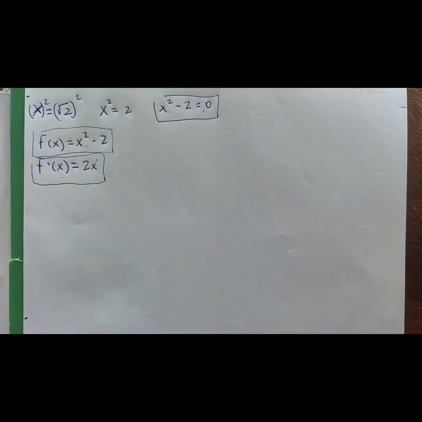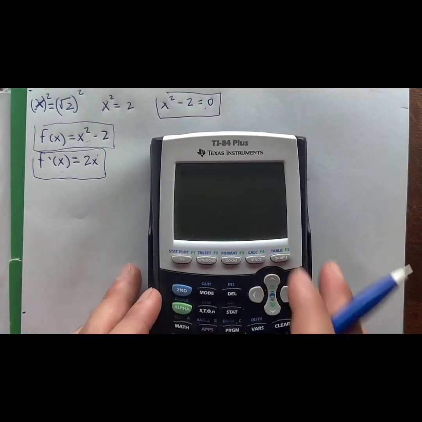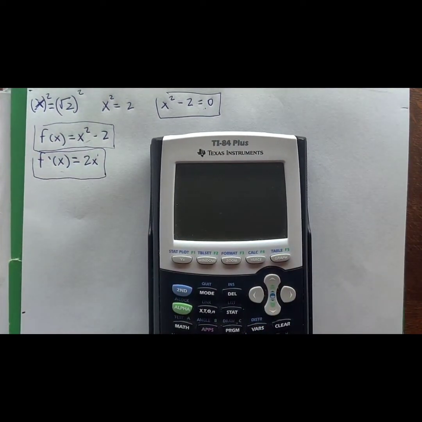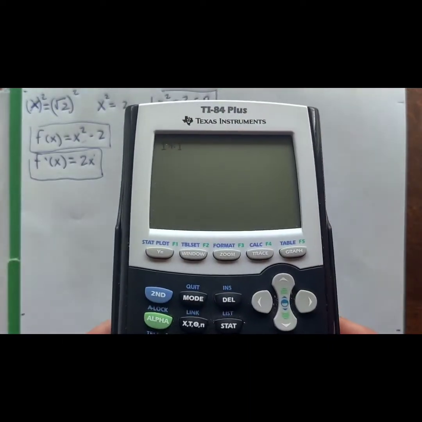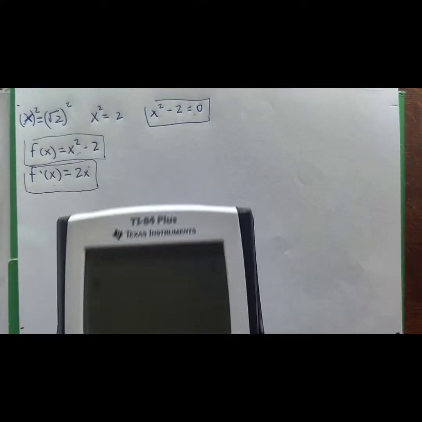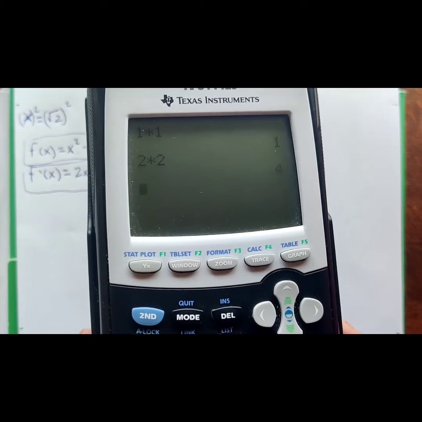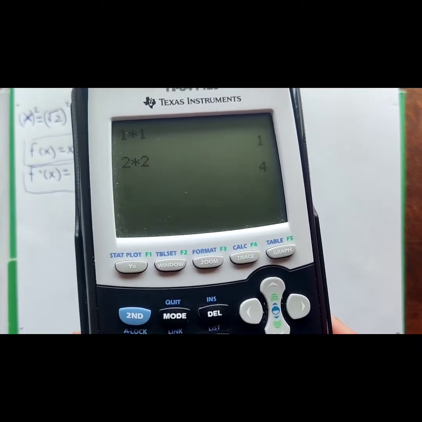Okay, so what would I do as far as guessing what the square root of 2 is? Well, I would probably do something like this. 1 times 1 is equal to 1. All right, but what is 2 times 2 equal? That's equal to 4.